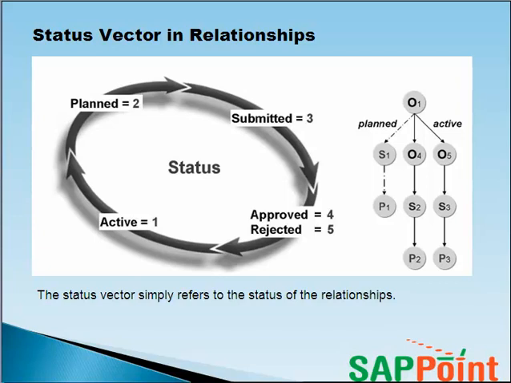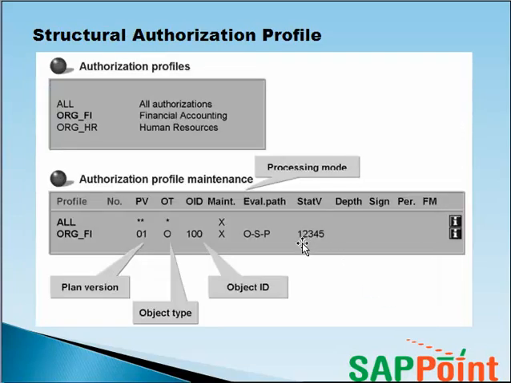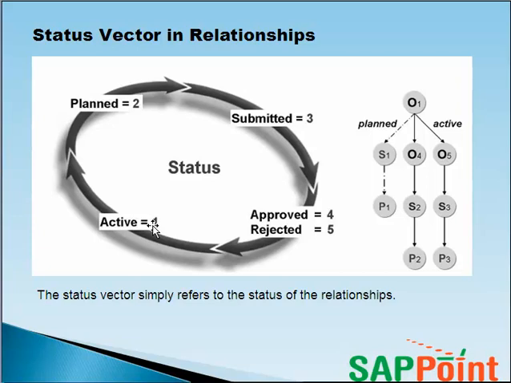So for example, if you specify 1, 2, all the relationships that have the status as active or planned are evaluated.